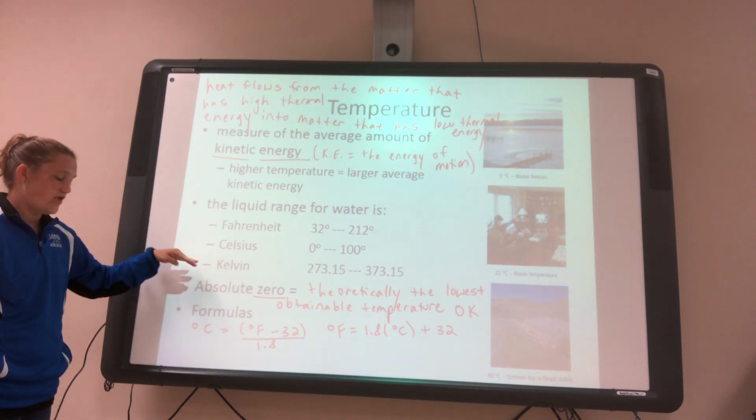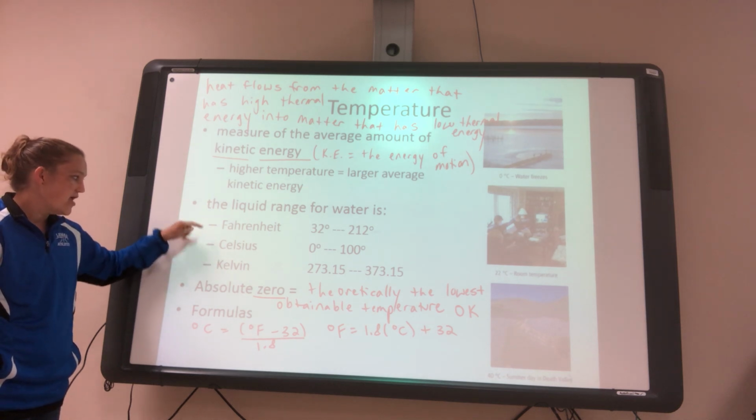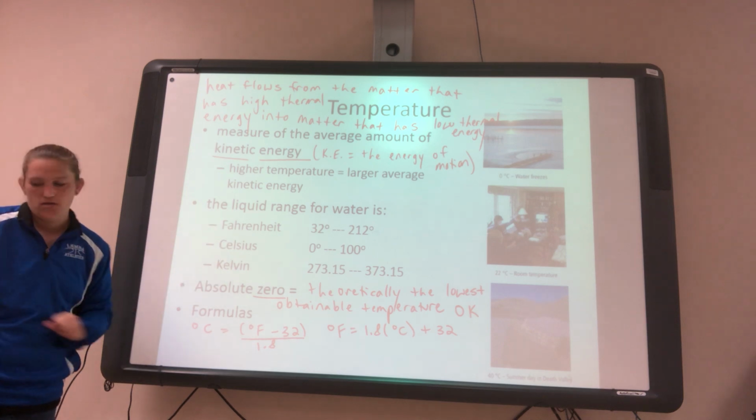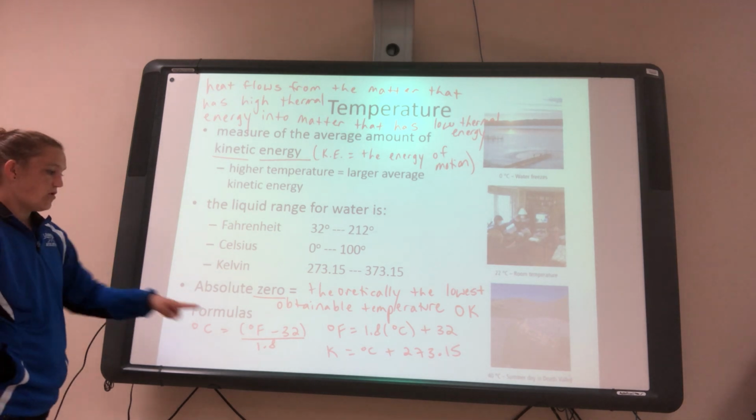Now what if I want Kelvin? The only way I can find Kelvin is I have to have Celsius. So I can't go directly from Fahrenheit to Kelvin. I have to go Fahrenheit, Celsius, then Kelvin. So if I want to find Kelvin, Kelvin is my degrees Celsius plus 273.15. Now it's really important that you include the 0.15.